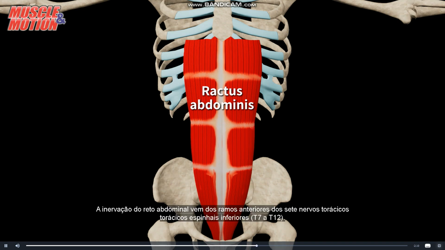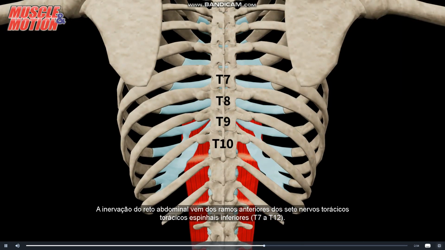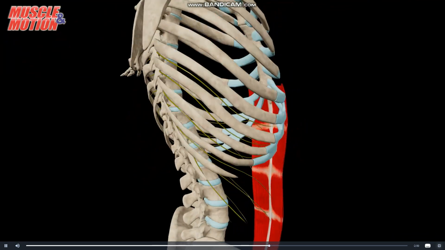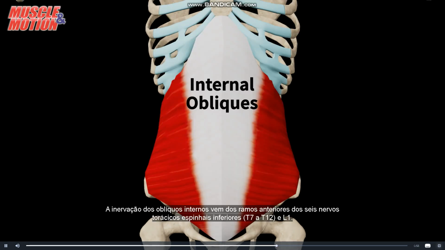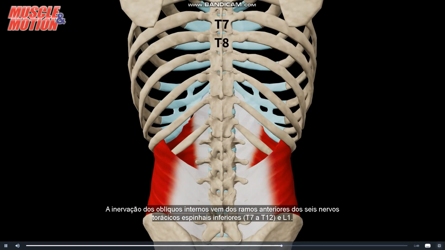The rectus abdominis innervation comes from the anterior rami of the thoracic spinal nerves, T7 to T12. The internal obliques innervation comes from the anterior rami of the thoracic spinal nerves, T7 to T12 and L1.